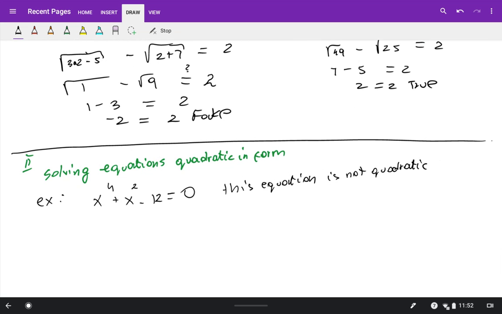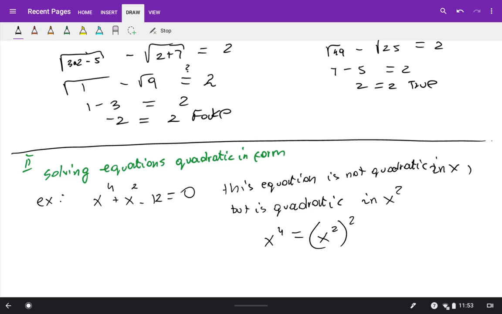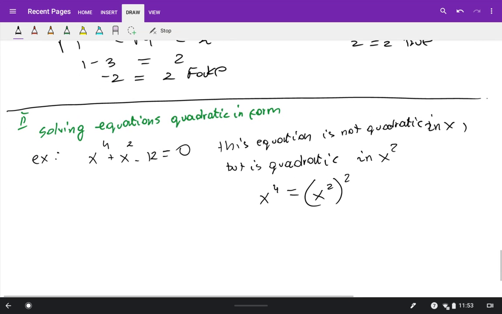But it's quadratic in form. So it's not quadratic in x, but it's quadratic in x squared. Because to get x to the power of 4, this is just x squared brought to a second power. So this equation is quadratic in x squared. Okay?